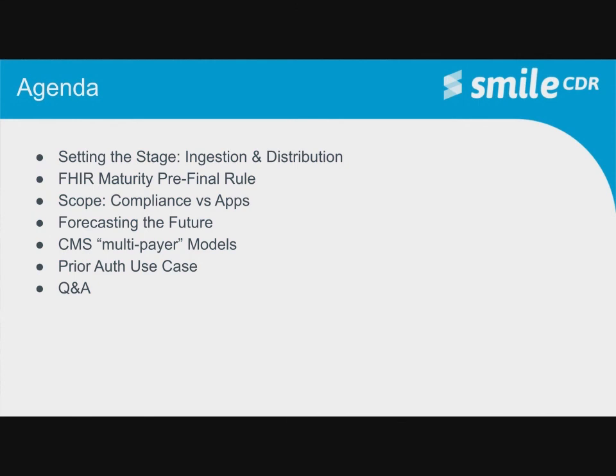Door number two is that the ONC rule is effectively demanding the unification occur inside Dr. Smith's practice. Dr. Smith will not have a certified EHR unless it has unified all of what's called the U.S. Core Data for Interoperability, the USCDI data sets. Call it the minimum summary of a patient profile.